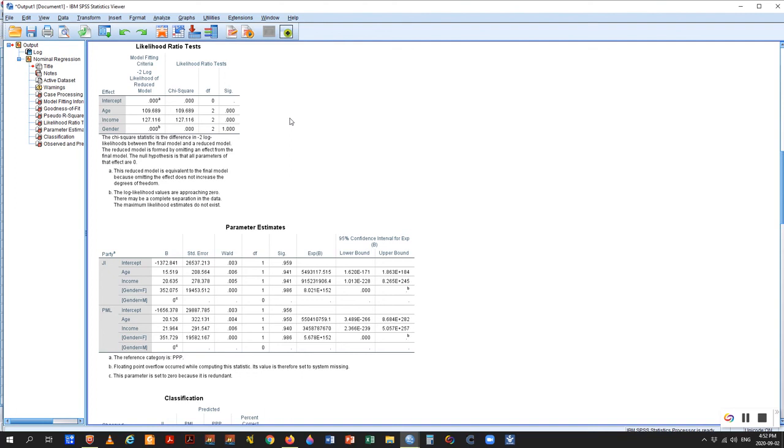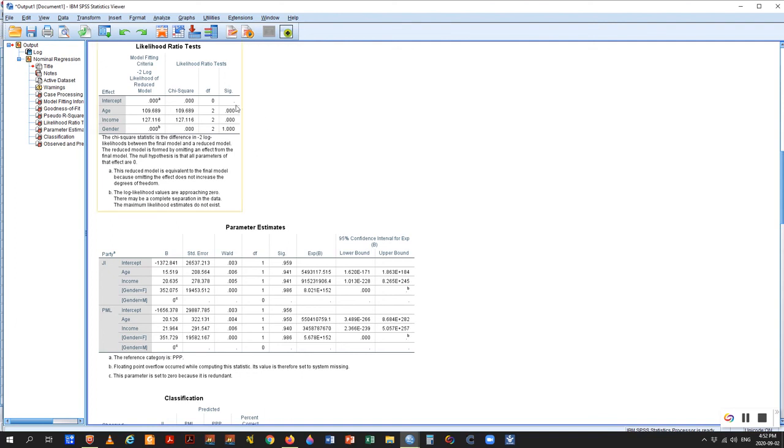The significance of the independent variables at the probability of 0.05 indicates that the variable's effect on the dependent variable is not a false positive. So in the example we used gender, and it's not significant, as we can see. Got a significance of 1.0. Income variables are better dealt with by the parameter estimates table, which we're going to look at next, as well as the age variable.